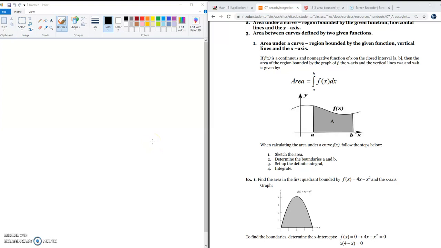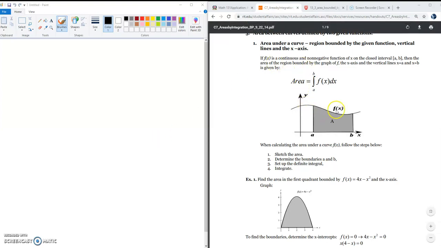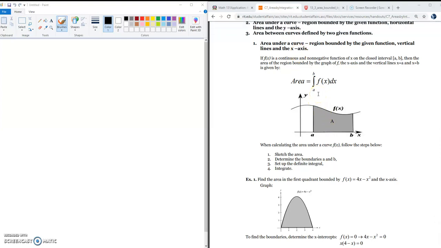To find the area under a curve, or the region bounded by the given function f of x, specific endpoints or vertical lines going from A to B, and the x-axis, you simply take the integral going from A to B of your given function f of x dx.